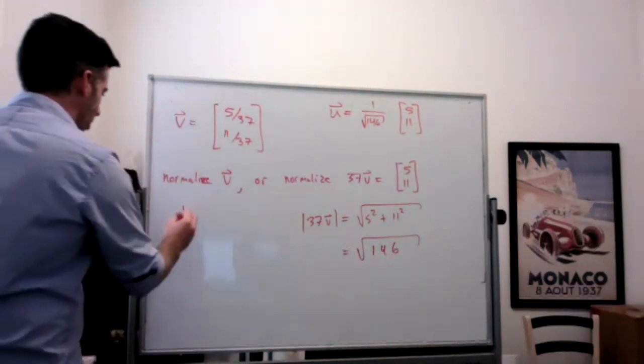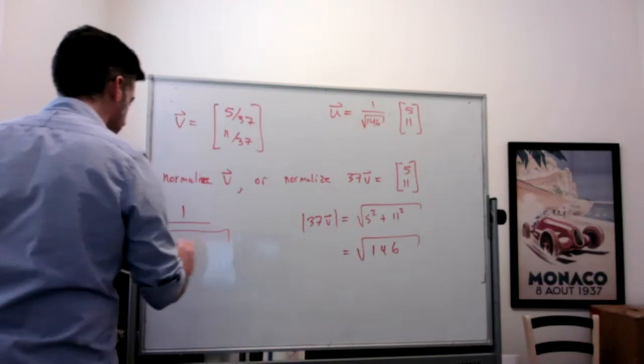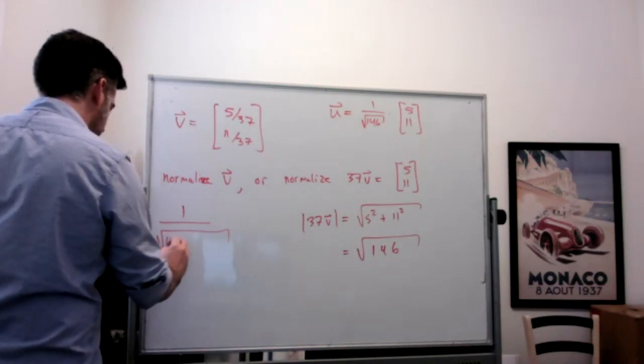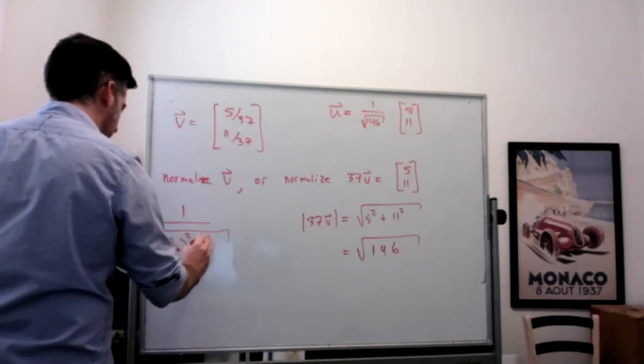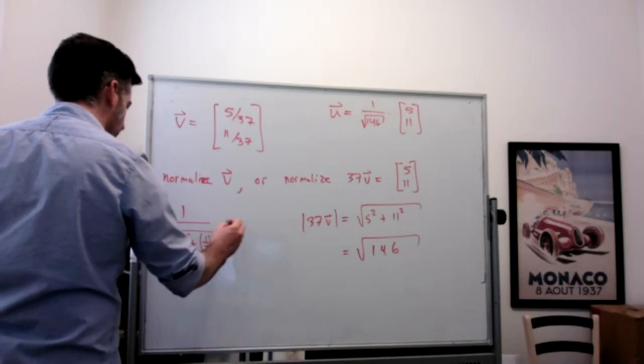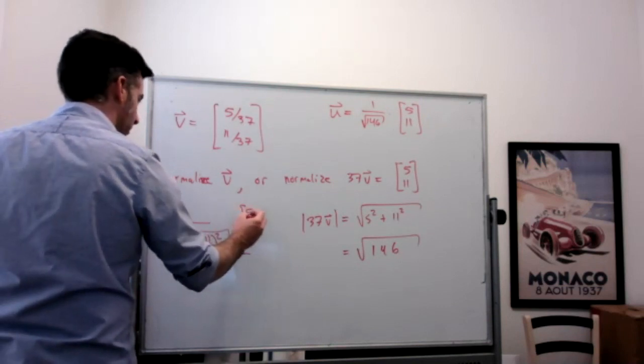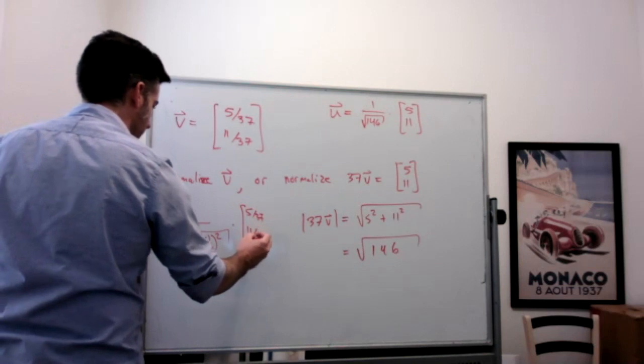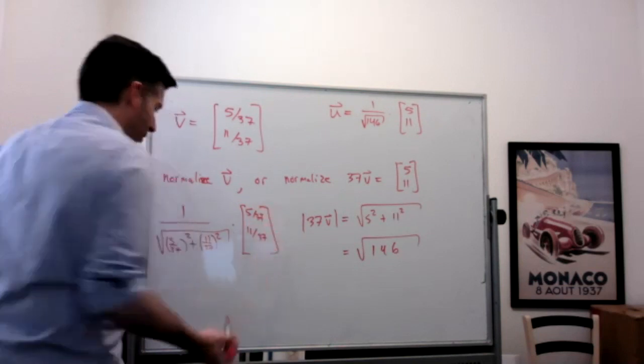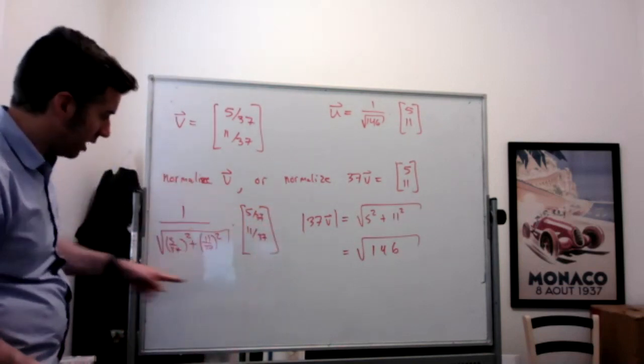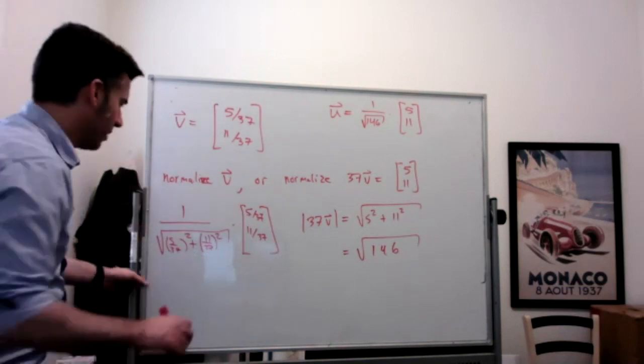It would be 1 over some terrible square root of 5 over 37 squared plus 11 over 37 squared, times the vector (5 over 37, 11 over 37). I will tell you, if you do this calculation, let's just do it real quick. Here's what happens.